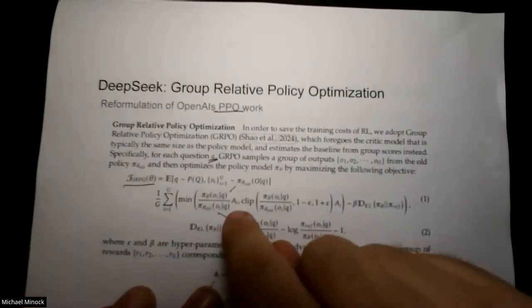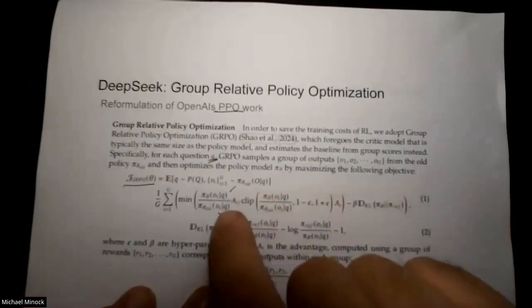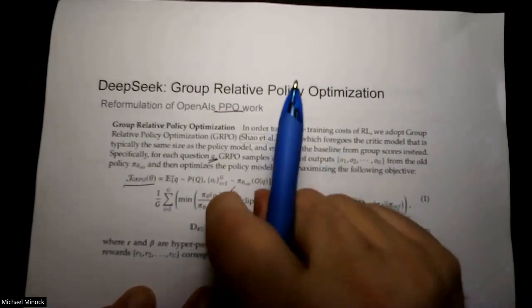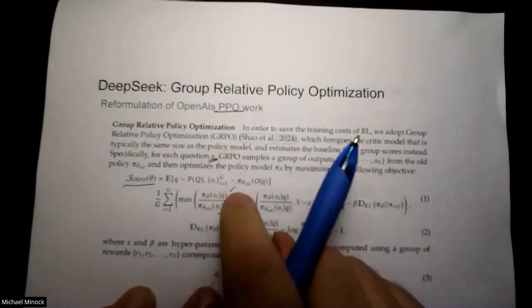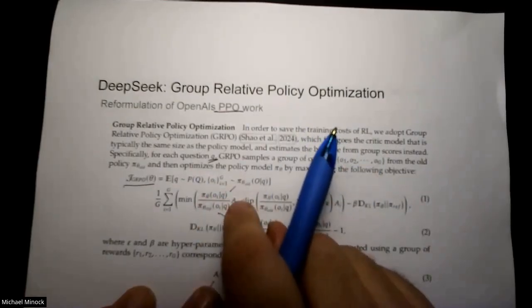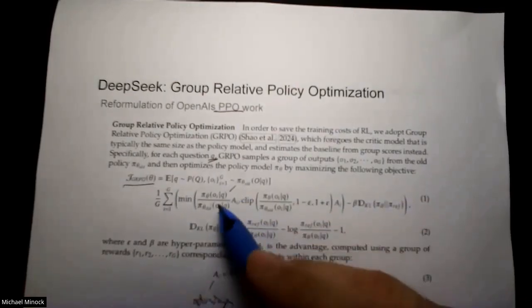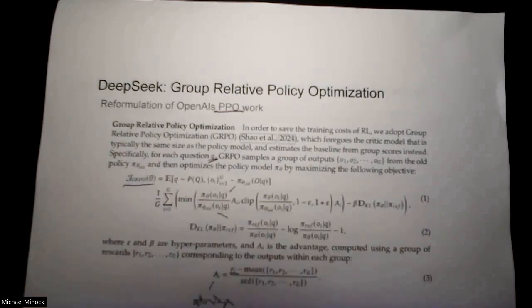So if these are high advantage, good rewards, good completions, and our new policy winds up boosting them, then whatever this proportion is over how much it boosted it earlier should determine how much this contributes to the reward. This determines what goes into the policy optimization.